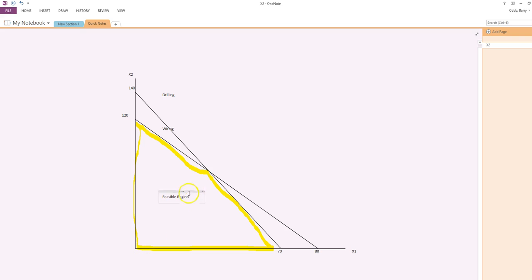So we want to move as far away from the origin as possible. We want to either be at one of these corner points or on one of the far lines of the feasible region. It turns out that any solution at a corner point will be just as good as a possible solution on one of these lines. So what we need to do is investigate the corner points.